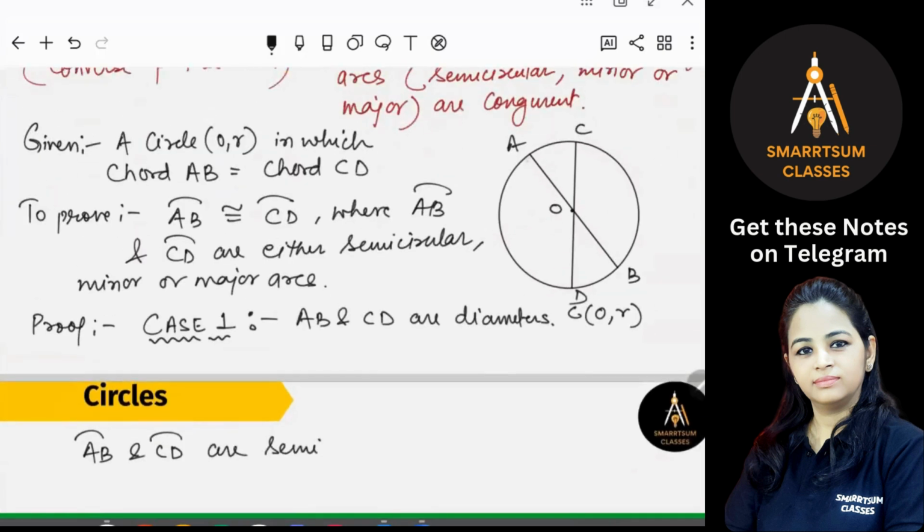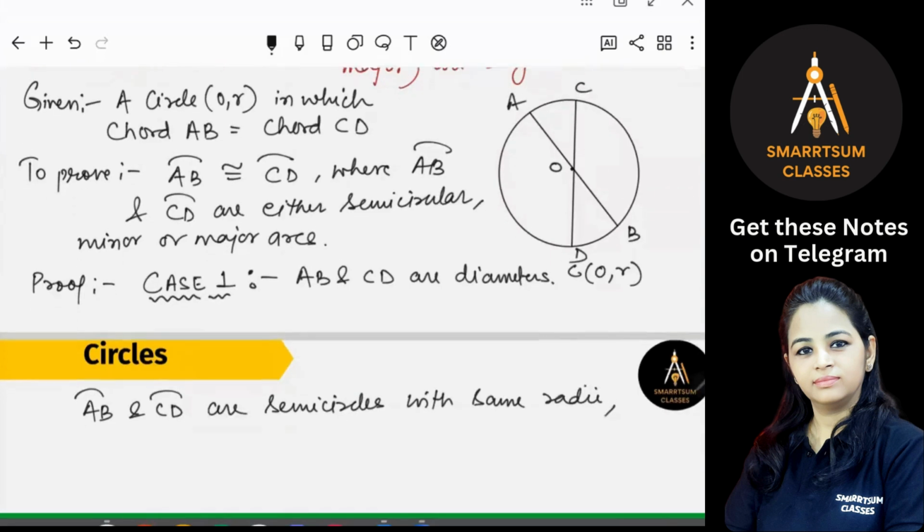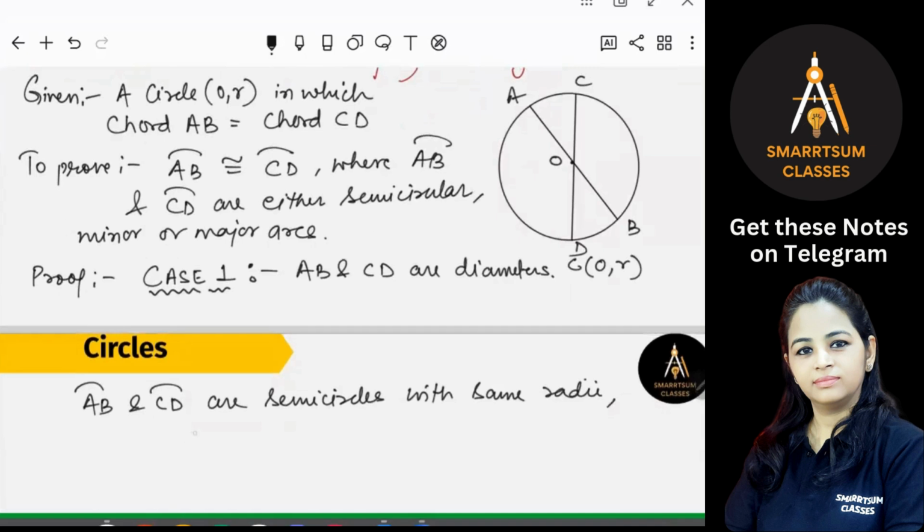If you can see here, this AB and this CD, what are these? These are the semicircles. So arc AB and arc CD are semicircles with the same radii. Since their radii are the same, can we say that arc AB is congruent to arc CD?